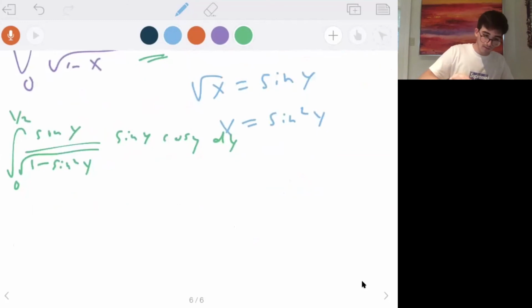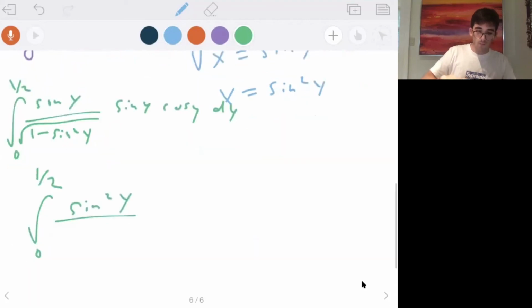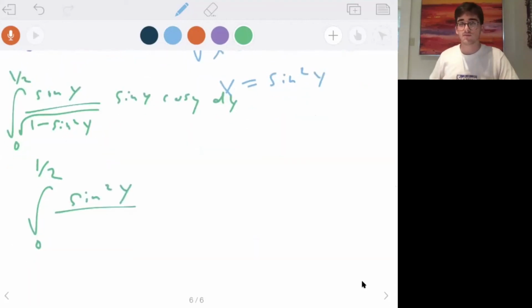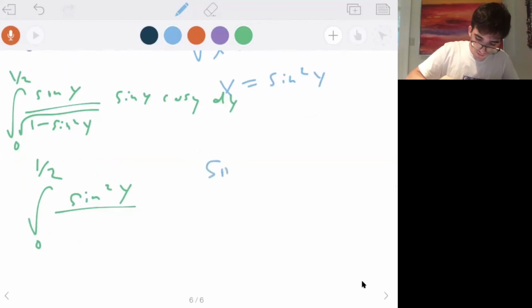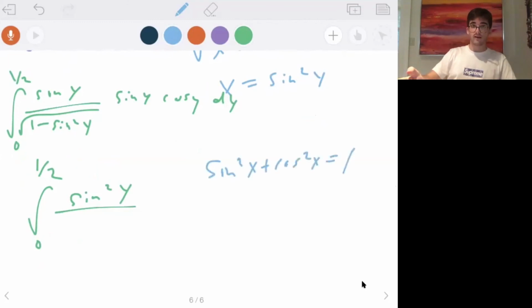Okay, let's keep going. From 0 to 1/2 of sine squared y over the square root of 1 minus sine squared y. Okay, so we can't just take the square root of that as it is. It's kind of stuck. But there is something that we can do. Since we know that sine squared x plus cosine squared x equals 1, that's a Pythagorean identity from algebra 2, we can just say that cosine squared x is equal to 1 minus sine squared x.